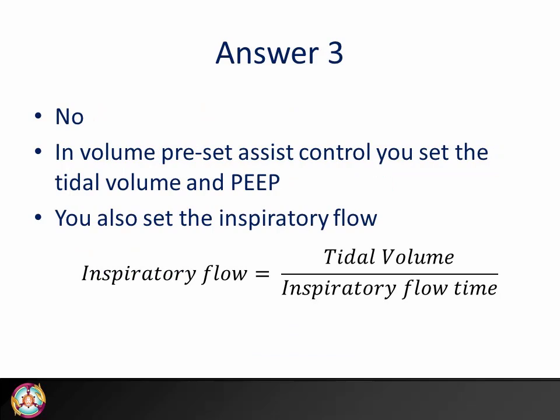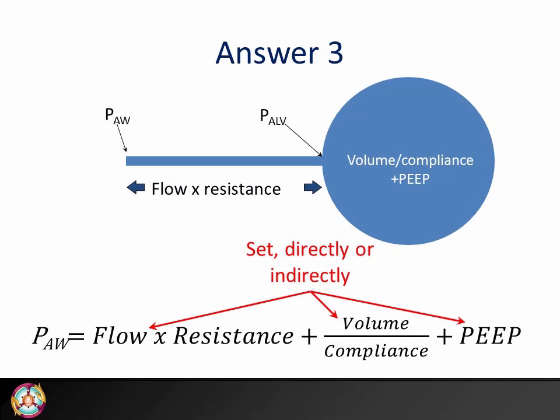No, in volume preset assist control, you set the tidal volume and the PEEP, and you also set the inspiratory flow, although you may set this indirectly by setting the tidal volume and the inspiratory flow time. As the tidal volume, inspiratory flow, and PEEP are all set, the airway pressure will vary as resistance and compliance change. The tidal volume is unlikely to vary significantly unless there is a ventilator or circuit malfunction.